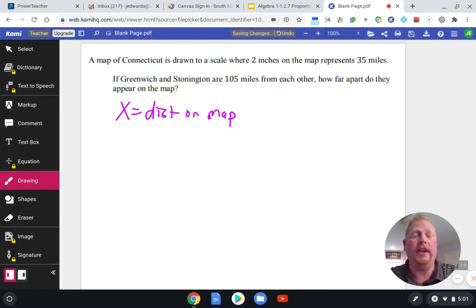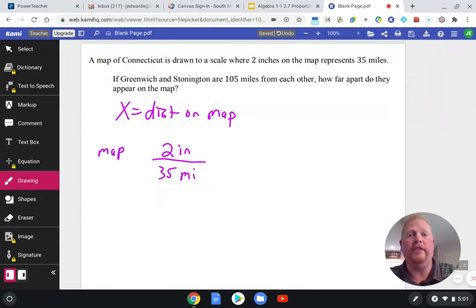So they start off with a conversion factor there, a rate, if you will. A map of Connecticut is drawn to scale where 2 inches represents 35 miles. Okay, now just to keep things straight, I'm going to go ahead and label that 2 inches is on the map, and the 35 miles is in real life.